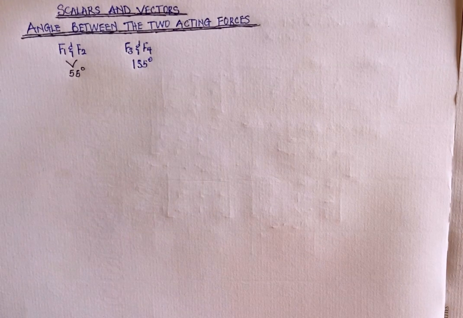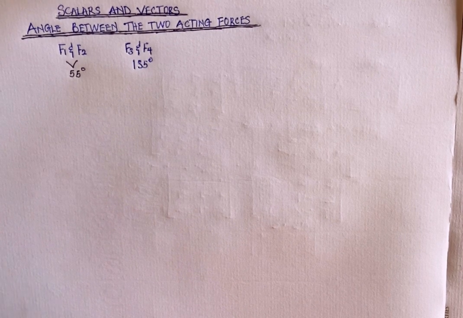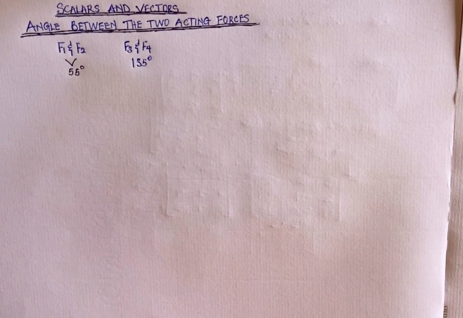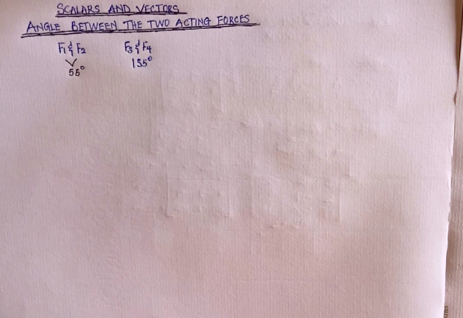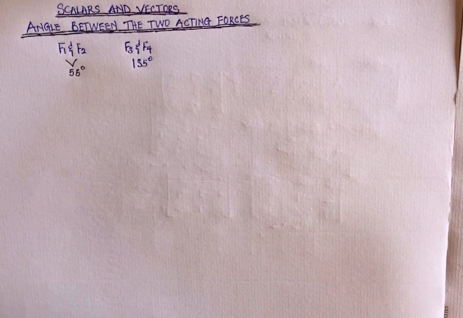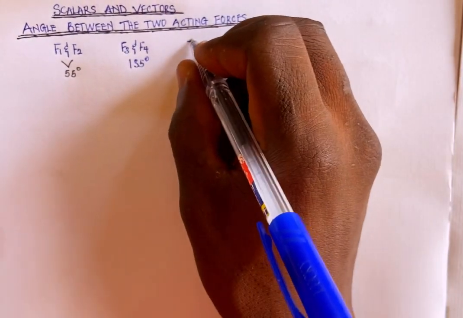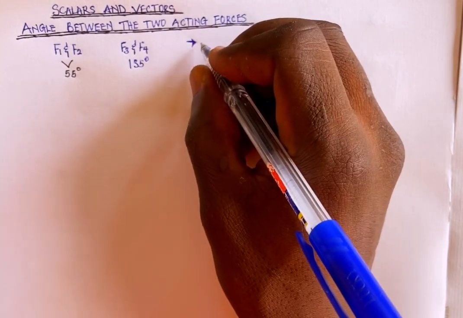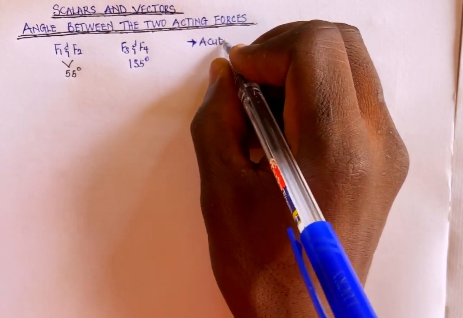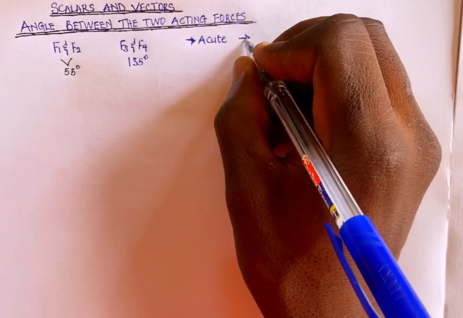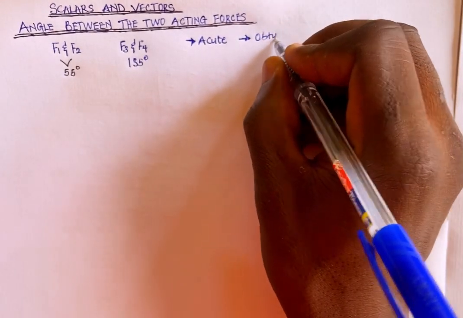It's very simple. One important thing that we need to note here is that whenever we have two forces acting at a particular angle to each other, it can be in two different cases. It is either an acute angle, or we have the case of an obtuse angle.